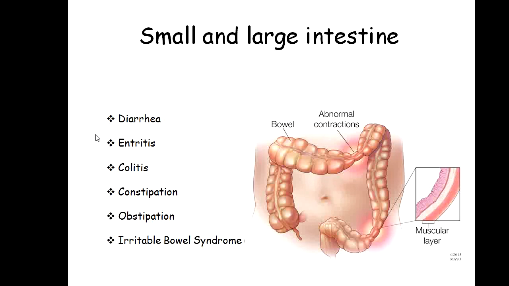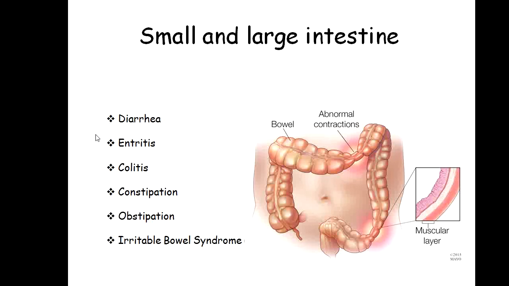The next one is obstipation. Obstipation is the severe condition of constipation. Constipation usually leads to obstipation, which is that type of constipation in which obstruction of the large intestine takes place.